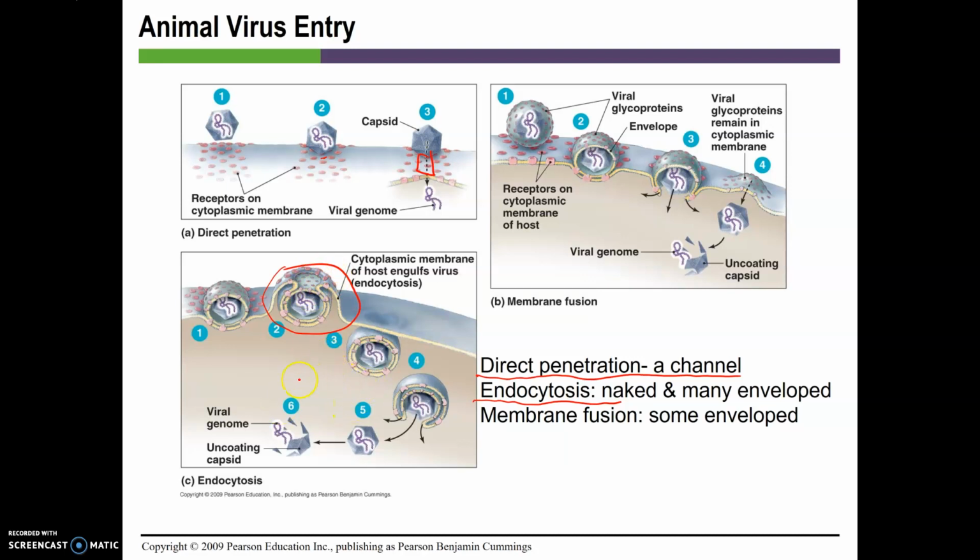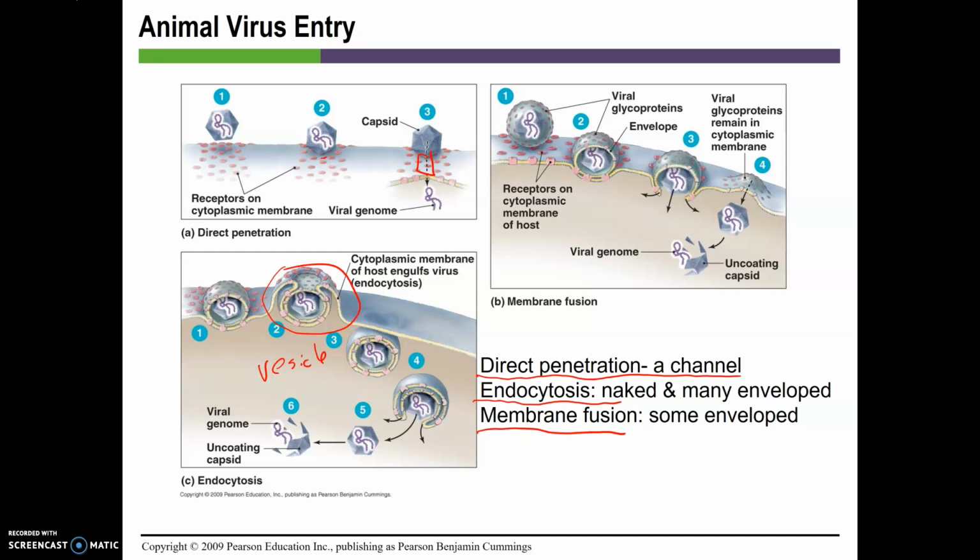Now you have this little vesicle that has been incorporated into the cell, and then the outer membranes are dissolved away, and the capsid is dissolved away by the host cell, and now the genome is inside.